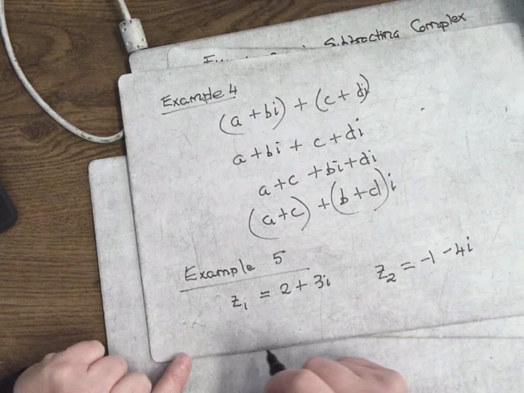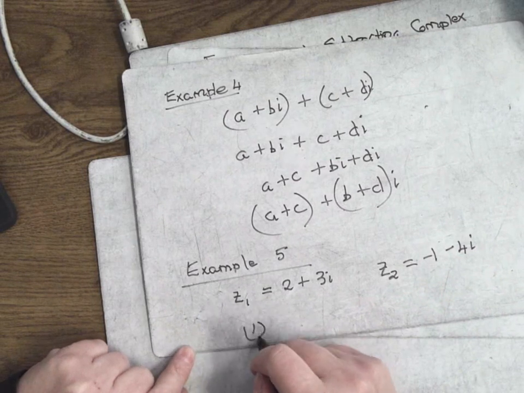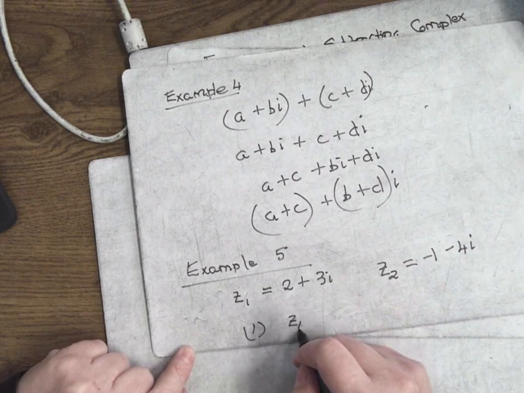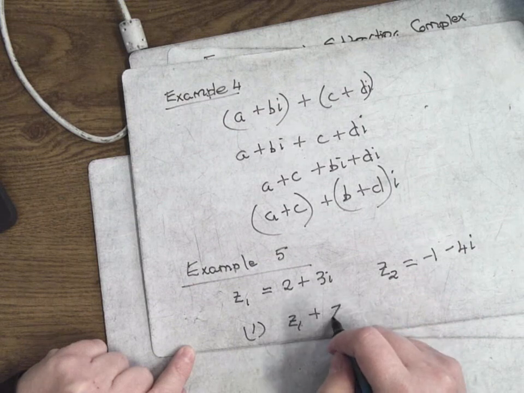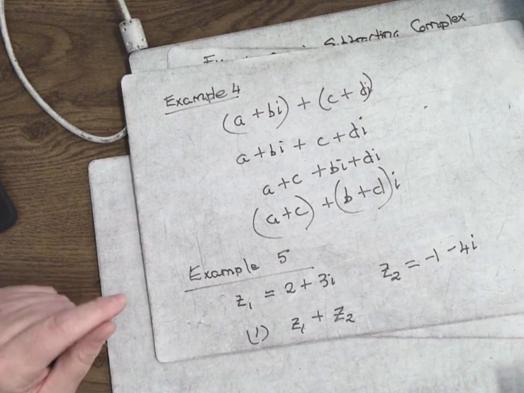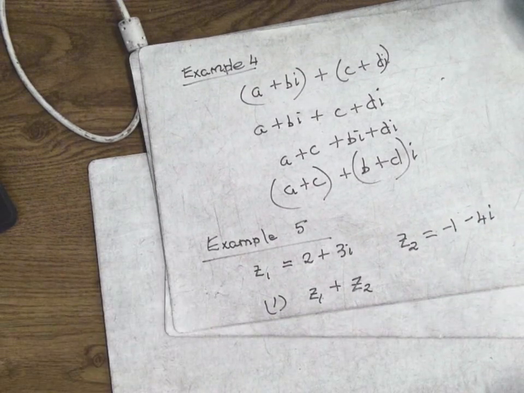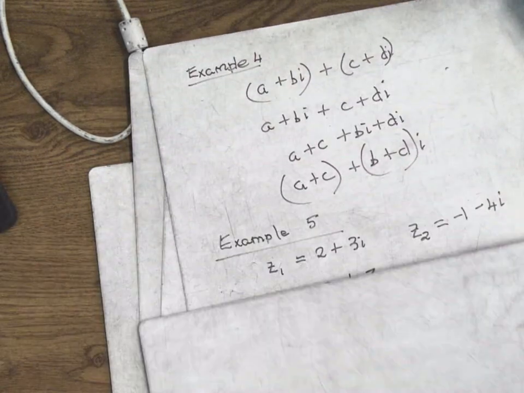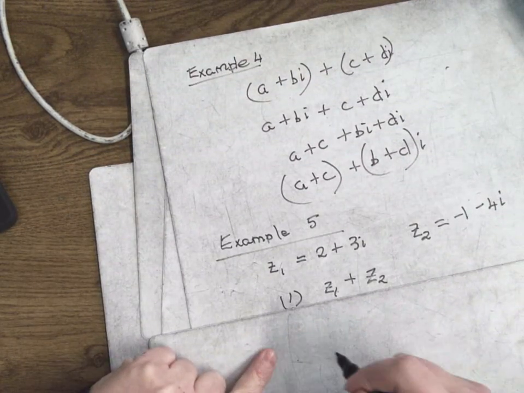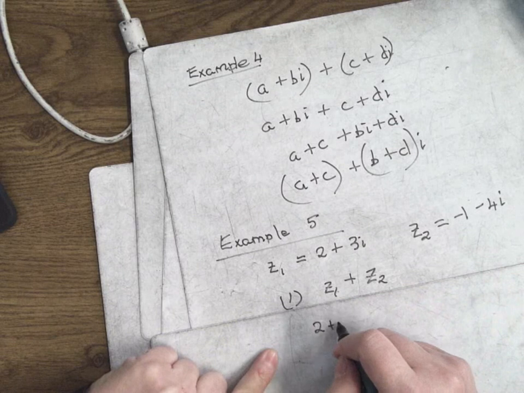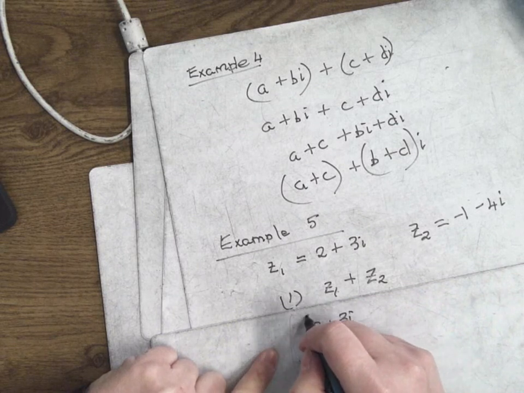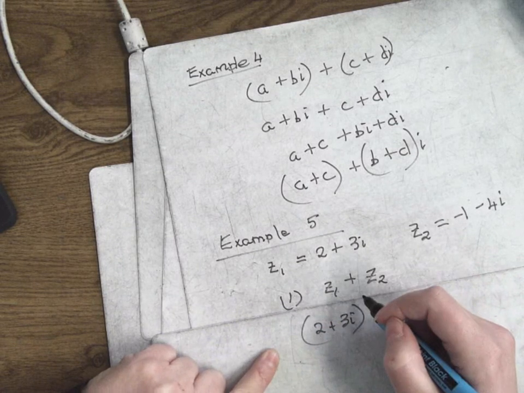And then they'll ask you what's Z1 plus Z2. Okay, so it's just another way of asking you to add them. So what's Z1? 2 plus 3i. And then I want to add, and I put them into brackets just in case there's a minus sign.